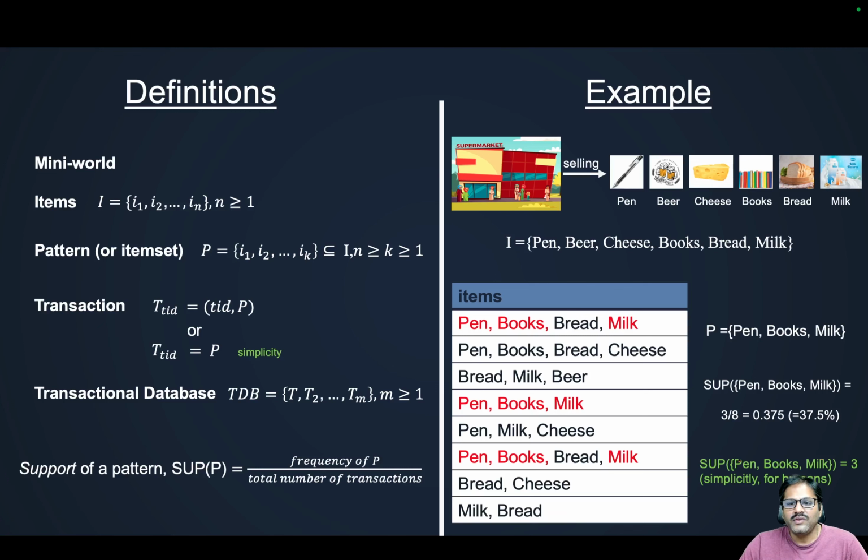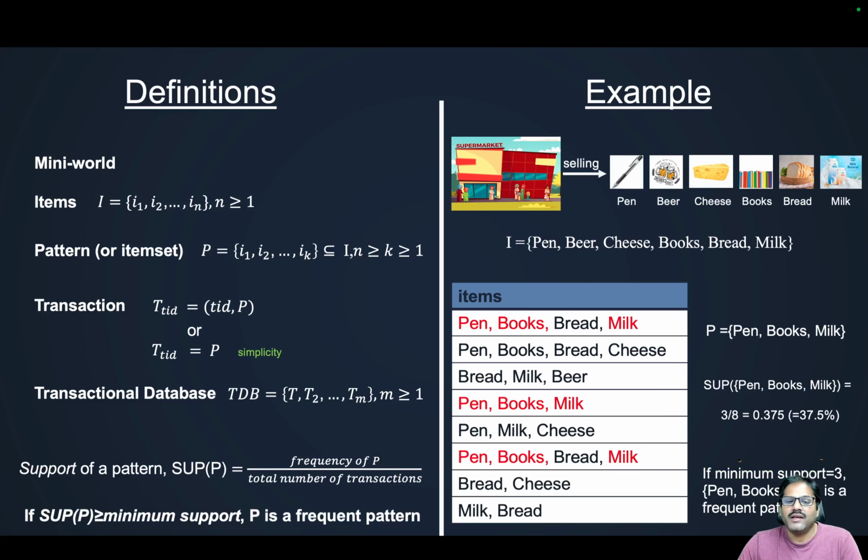In the real world, it is often difficult for the users to understand the support values in percentages. So we can also use counts to represent the support. For example, we can simply say support of a pattern bread, books and milk is 3. It is also fine.